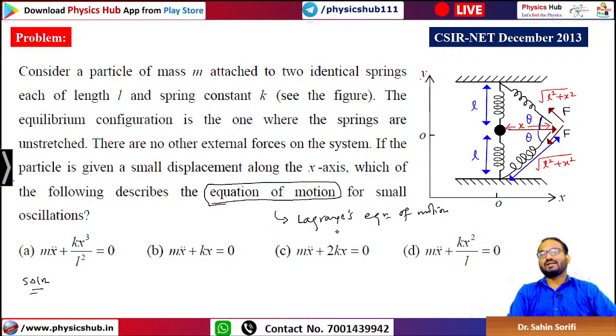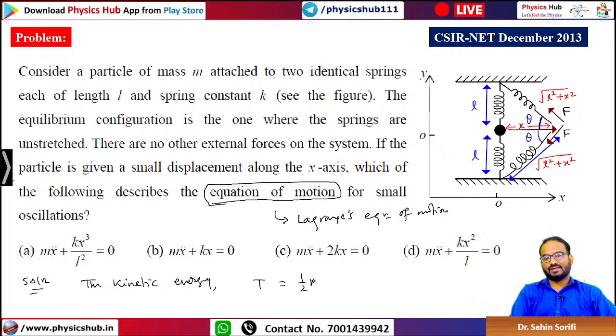To find out the Lagrangian, we need kinetic energy and potential energy terms. So kinetic energy is quite easy. Kinetic energy of the system will be given by half m times the velocity x dot square.